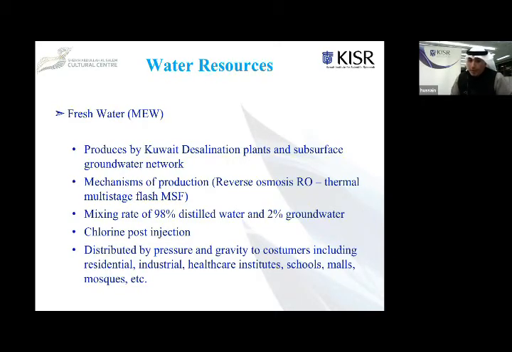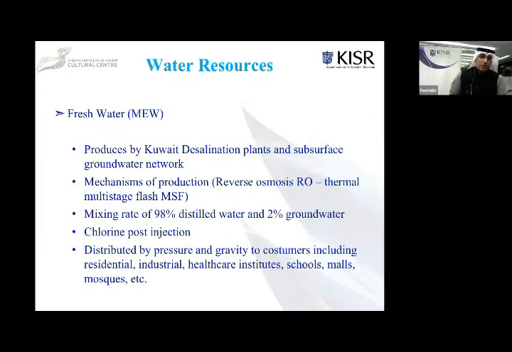As I said, the mixing rate of water produced to the public is 98% distilled water produced from those plants, and 2% taken from the groundwater network, mixed and delivered to the consumers.